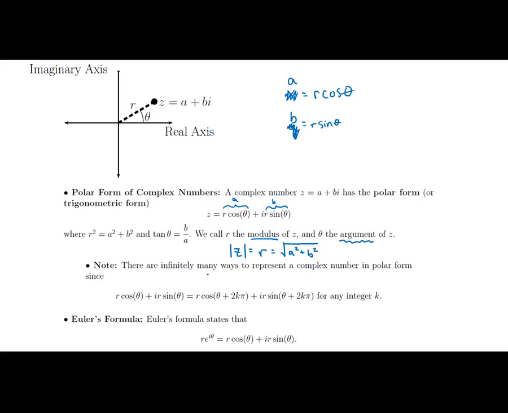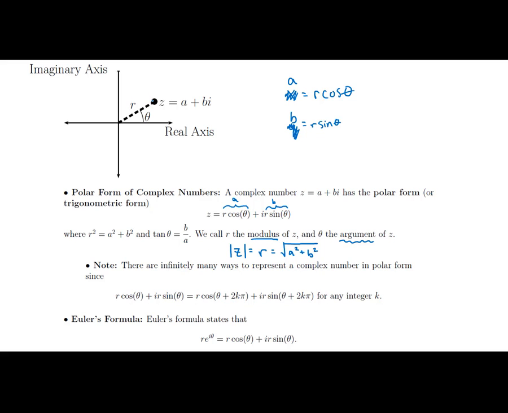And then one other note to make is that when we're writing in polar coordinates, there's really infinitely many ways to write any particular complex number, because if you just add multiples of 2 pi to any angle, you just get back to the same place, right?